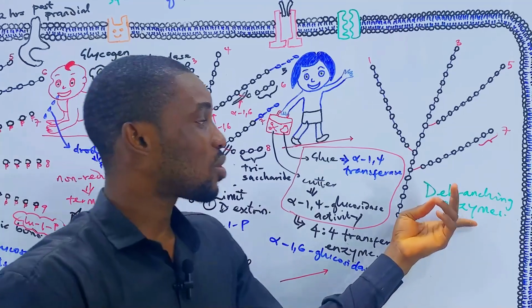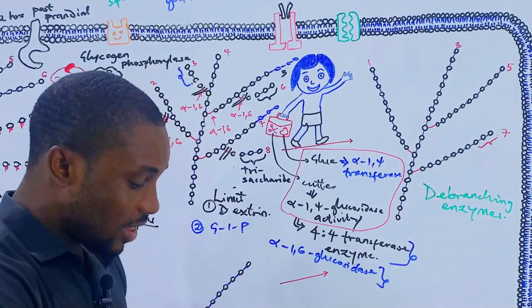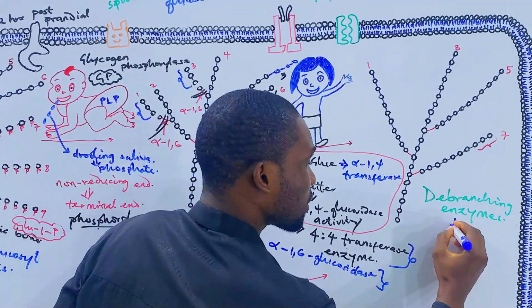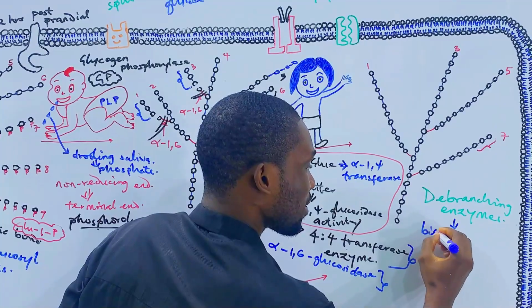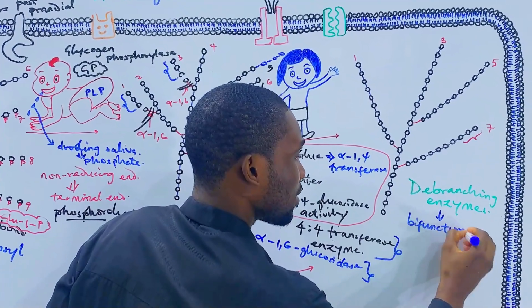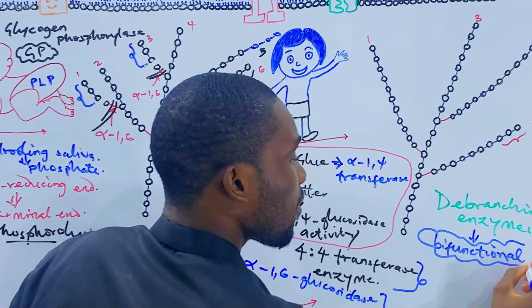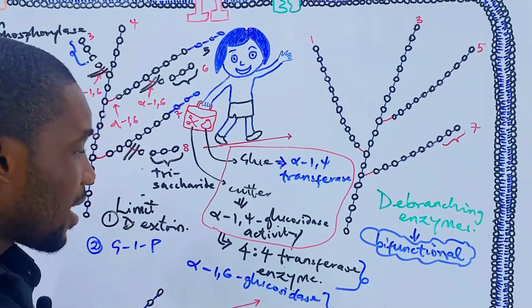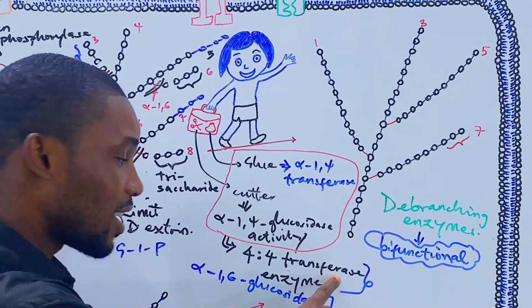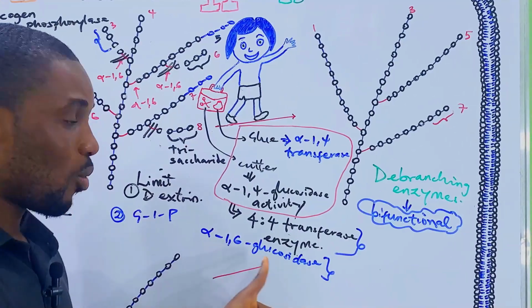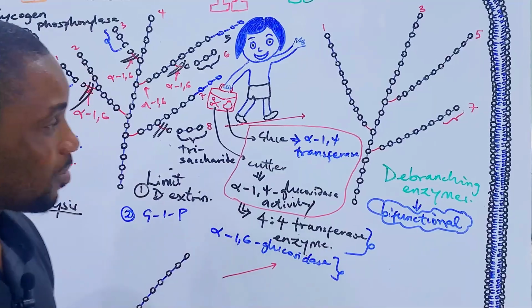So that's why mother is called debranching enzyme. And this enzyme is a bifunctional enzyme, meaning that it has two functional parts, a 4,4 transferase and an alpha 1,6 glucosidase enzyme.